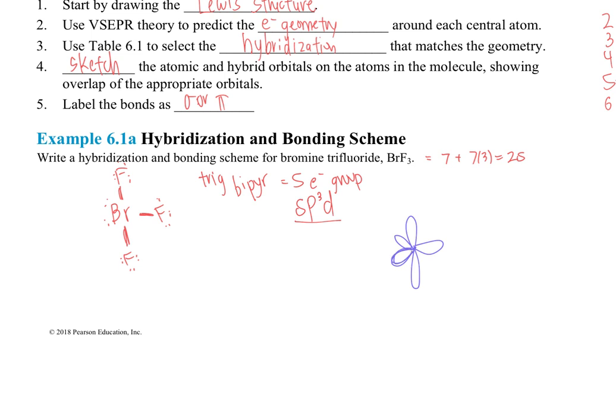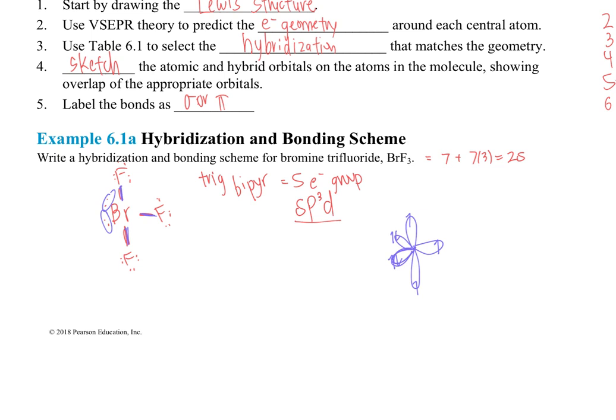Now I'm just going to draw these lone pairs right here going in this position. So there's our lone pairs. Now we have our bonds 1, 2, 3. And now let's deal with the fluorine.